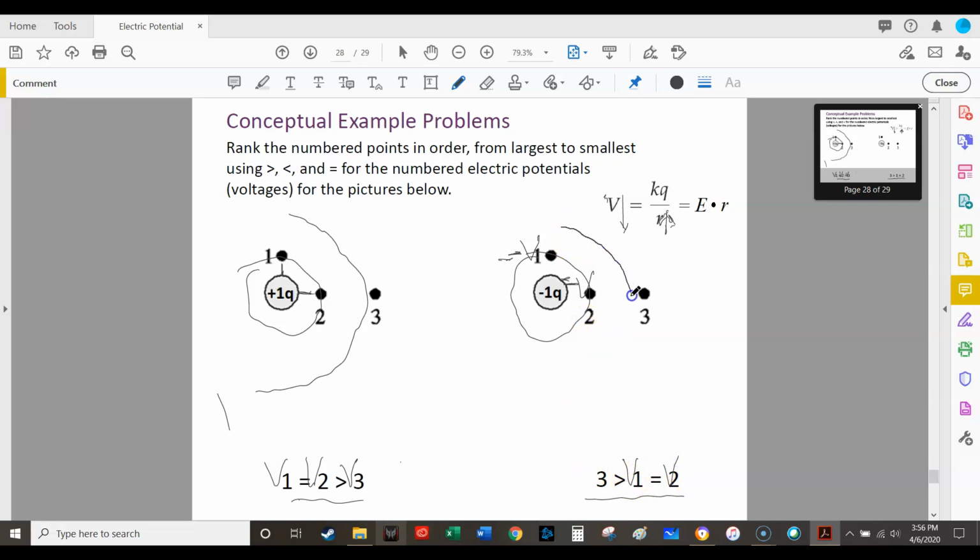Over here, voltage 3 is a further distance away. Again, as distance increases, voltage is going to increase toward 0. Way over here, the voltage is going to be 0, and the closer you get to the source, the more negative the voltage is.